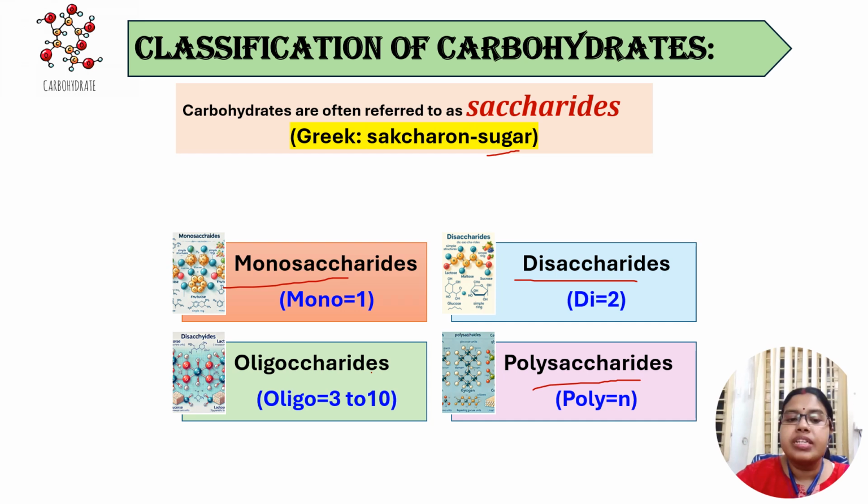Mono means one, so one saccharide molecule is present. Di means two, so two saccharide molecules are present. Oligosaccharide means the number of saccharide molecules is from 3 to 10, and polysaccharide means more than 10. That is, if n number of saccharide units are present, it is known as a polysaccharide.